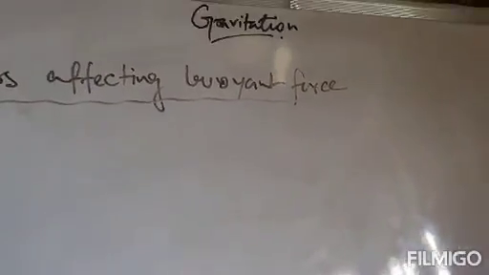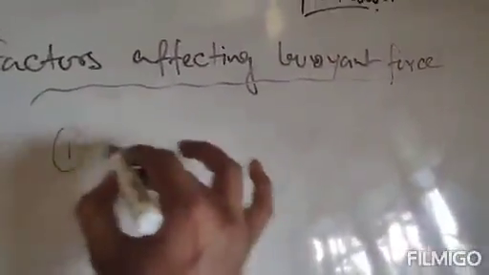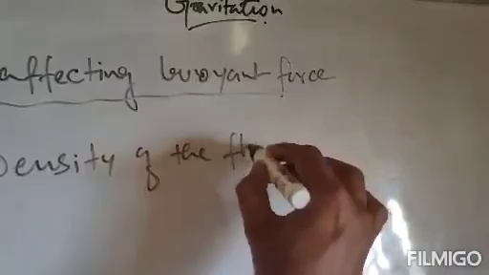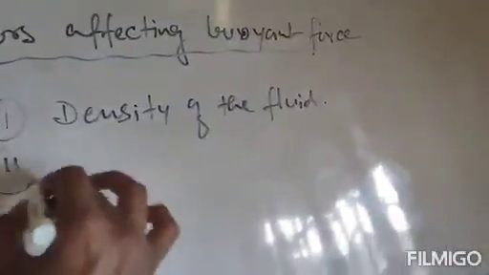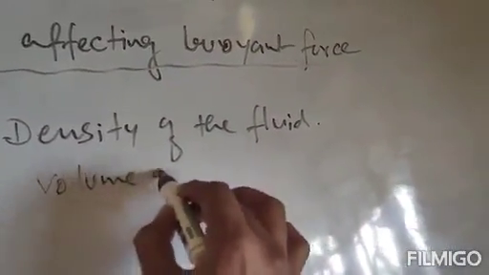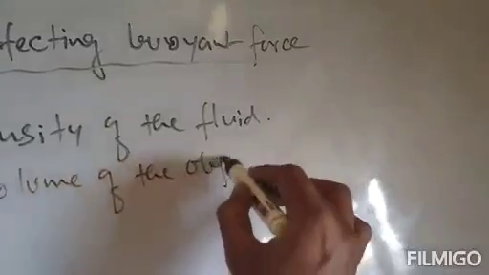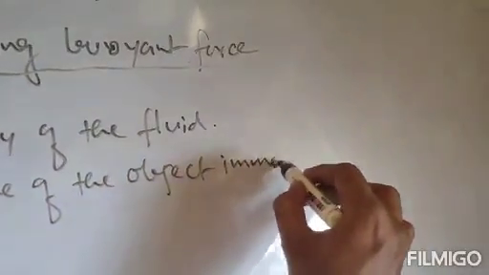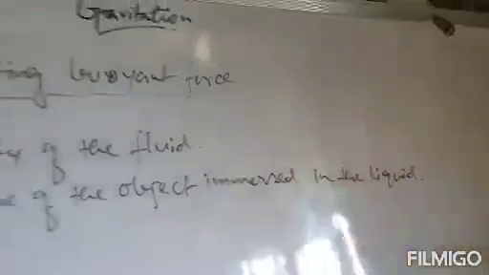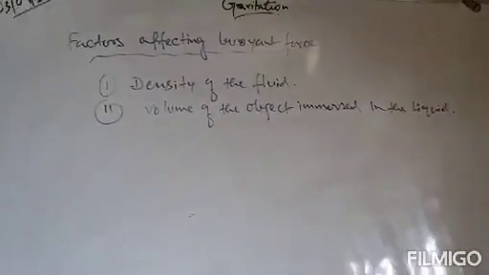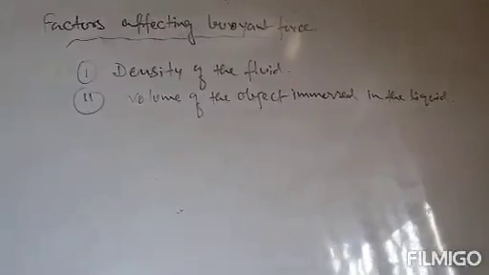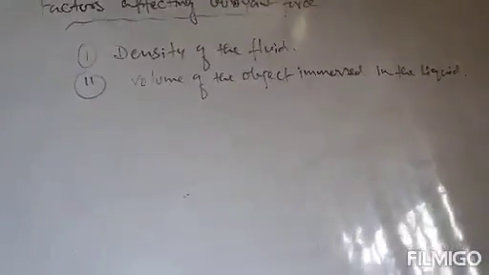Number one factor is the density of the fluid. Number two factor is the volume of the object immersed in the liquid. These are the two factors on which the buoyant force depends.